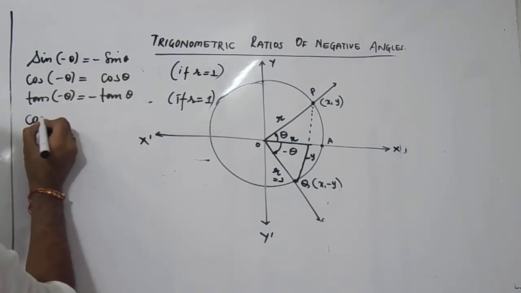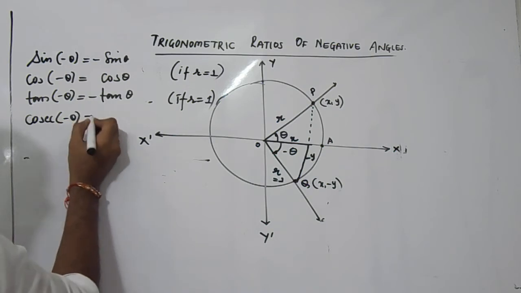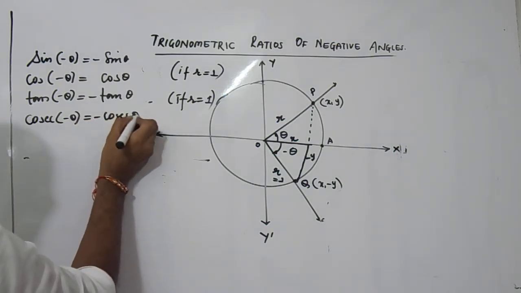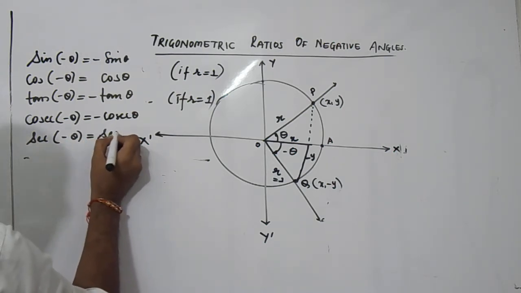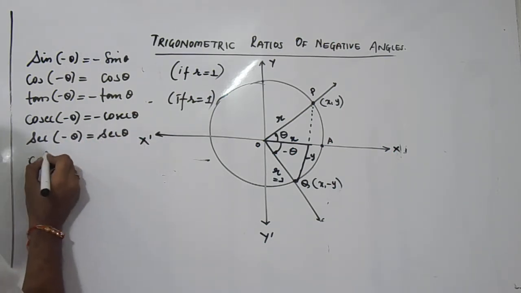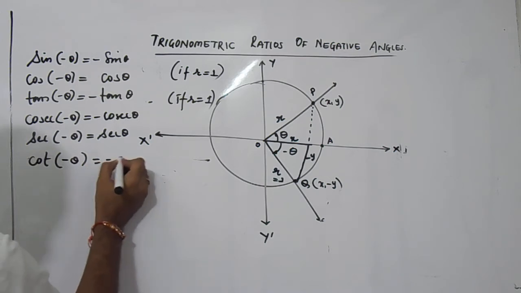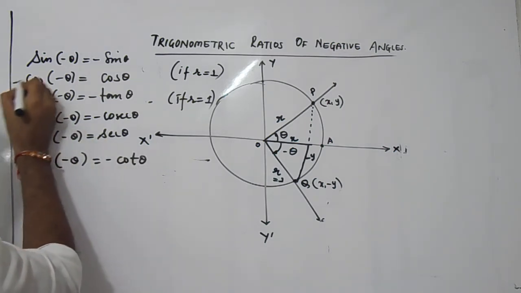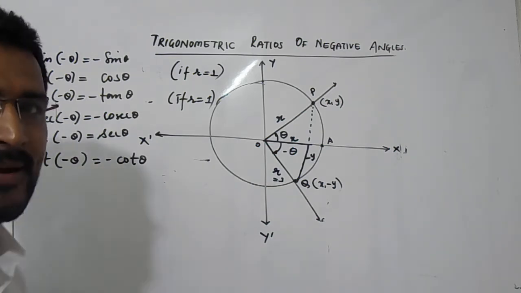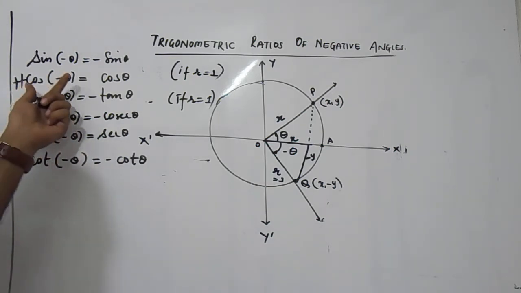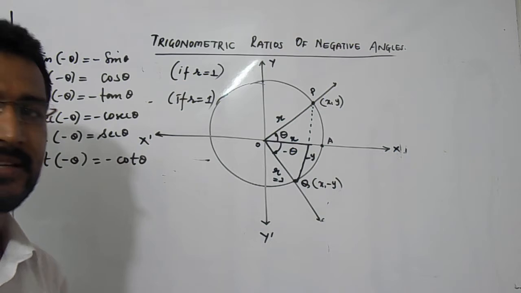Then cosec of minus theta is minus cosec theta, sec of minus theta is sec theta, and cot of minus theta will be minus cot theta. So these are the two trigonometric functions whose value for a negative angle is equal to that for the positive angle.